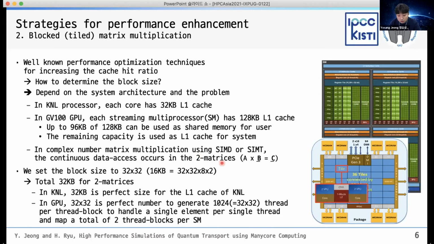In KNL, 32 kilobytes is the perfect size for the L1 cache. And on the GPU, 32 by 32 is the perfect number to generate 1024 threads per thread block to handle a single element per single thread, and map a total of 2 thread blocks per streaming multiprocessor, because a single streaming multiprocessor can generate up to 2048 threads.